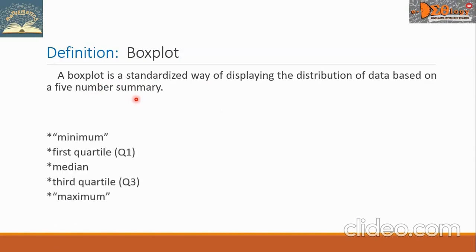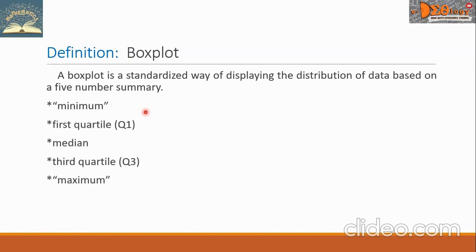The 5 numbers are minimum, first quartile, median, third quartile, and maximum. Take note that the minimum is not the lowest value. Also, the maximum is not the highest value. We shall have a formula for this later.